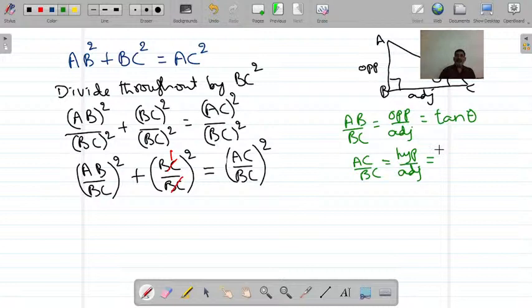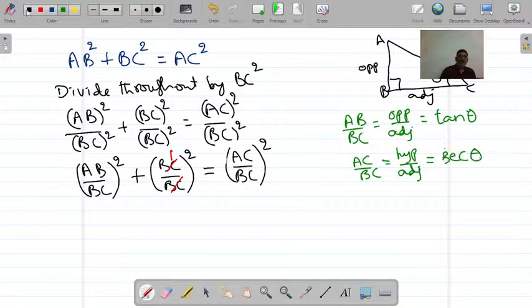It is the reciprocal of cos. It is not cos. Cos is adjacent by hypotenuse, but this is hypotenuse by adjacent. What is the reciprocal of cos? Reciprocal of cos is secant.